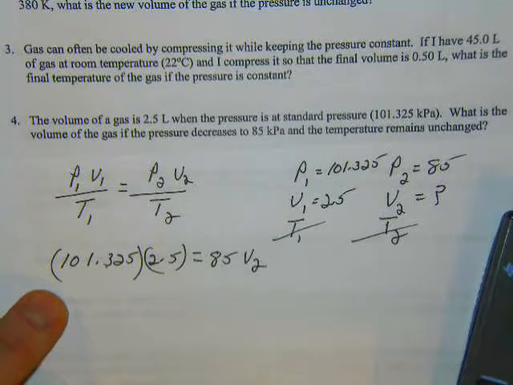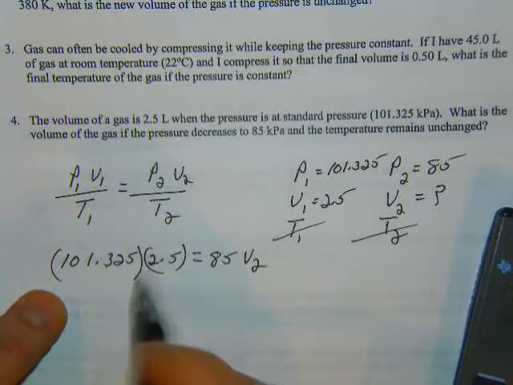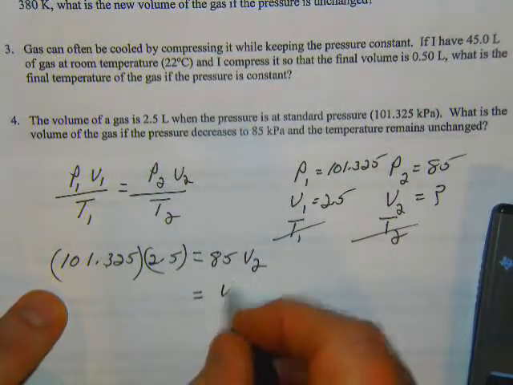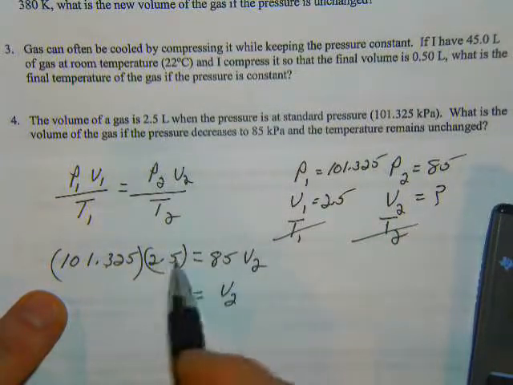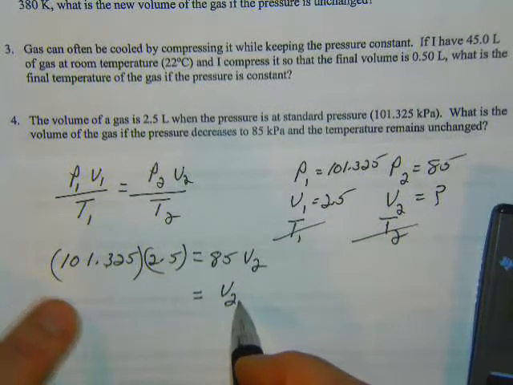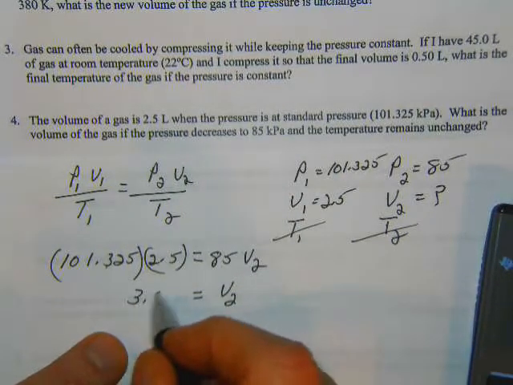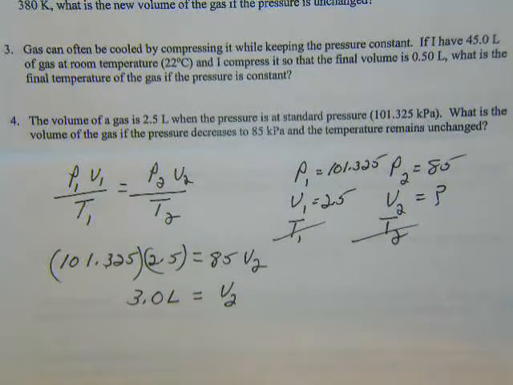If you do the math, we can only have 2 significant figures. So V2 is going to be 3.0 liters. That will be number 4.